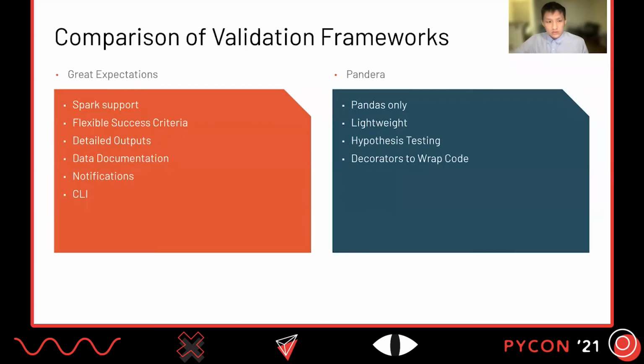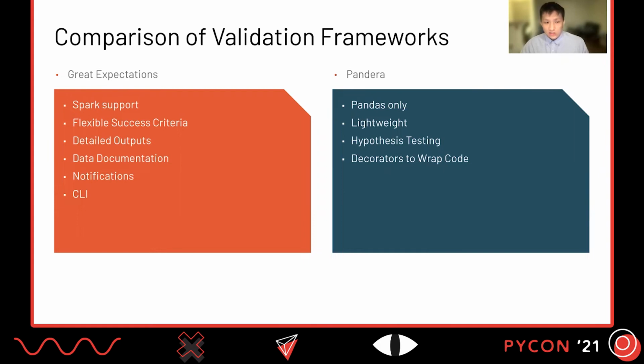In order to compare the two frameworks that we explored, Great Expectations on one side has Spark support and Pandas support, while Pandera only has Pandas support. Great Expectations has flexible success criteria with most of its expectations, and it gives very detailed outputs.